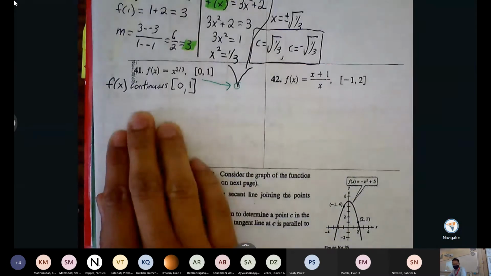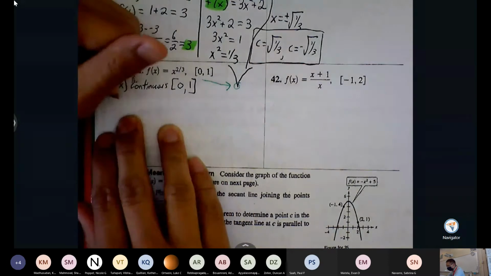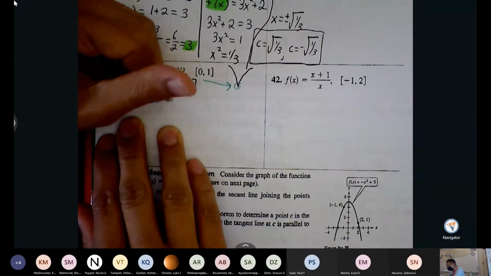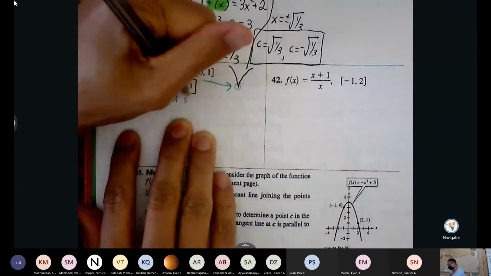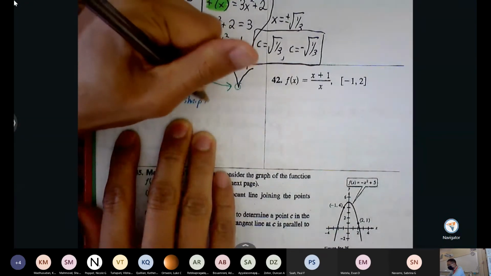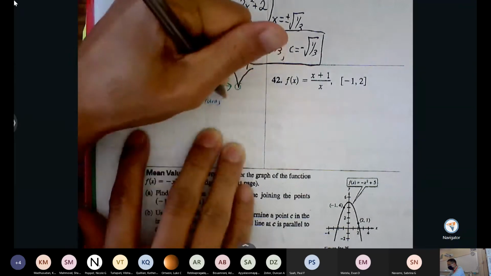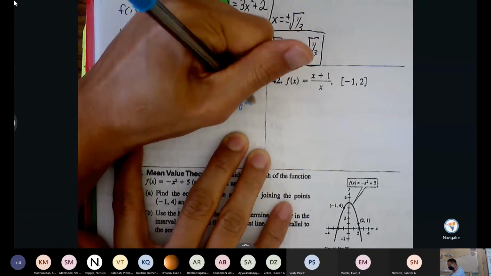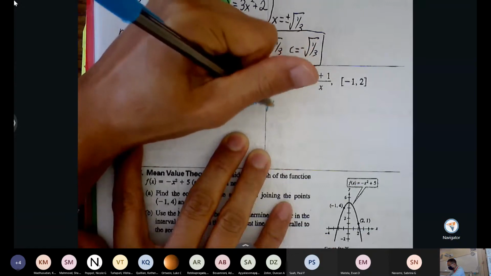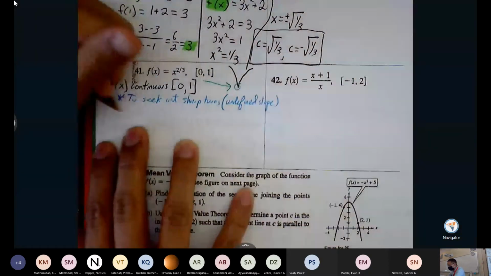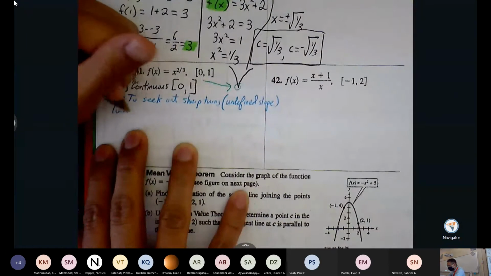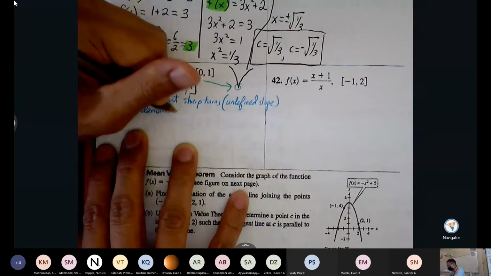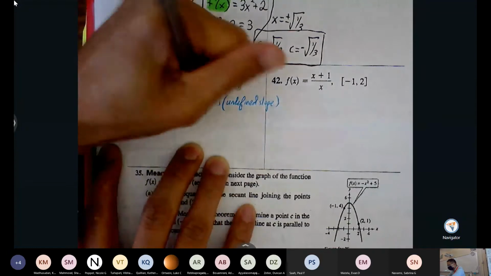To seek out sharp turns or undefined slope, we're going to look in the denominator of the derivative.